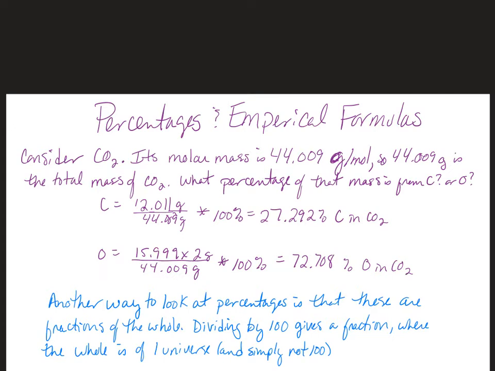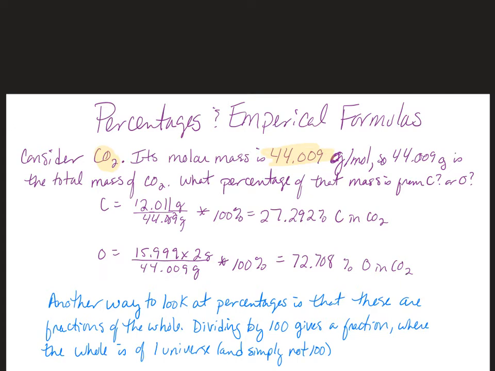So let's consider that we have a formula of CO2. Well, we can figure out what the molar mass is of CO2 given a periodic table, and yours may not have as many significant figures when you figure that out. That's fine. So that means that 44.009 grams per mole is the total mass of CO2.